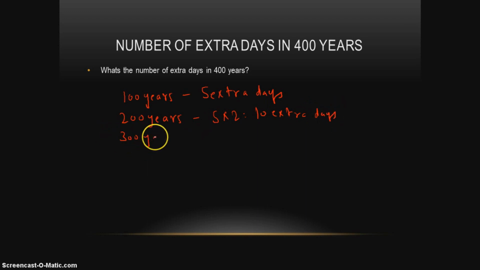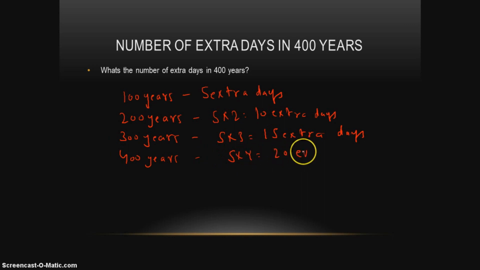For 300 years we have 5 into 3 equal to 15 extra days. And for 400 years we have 5 into 4 equal to 20 extra days.